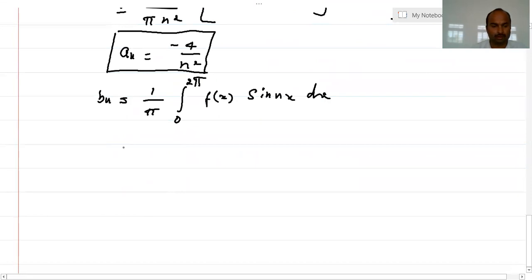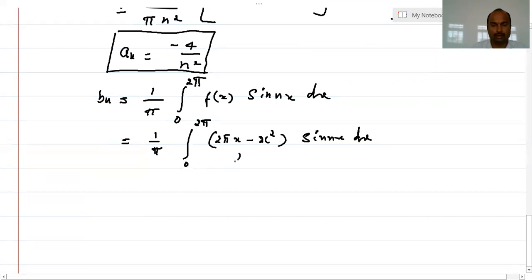So that is 1 by pi into the integral from 0 to 2 pi of f of x, that is 2 pi x minus x square, into sin nx. So apply integration by parts.